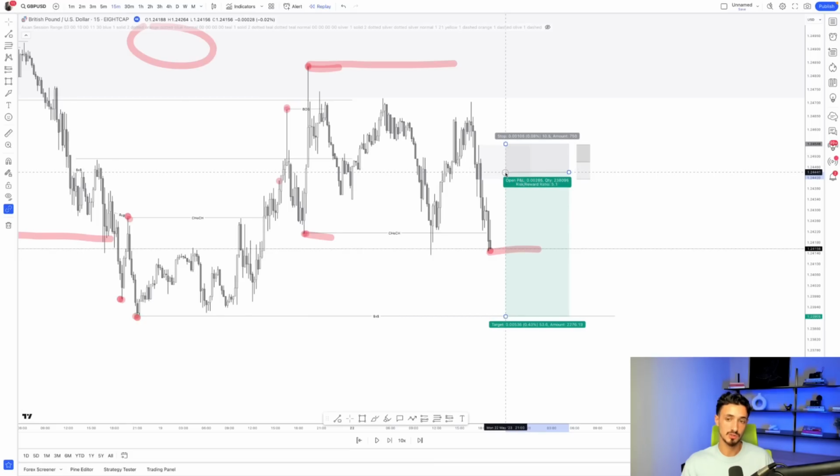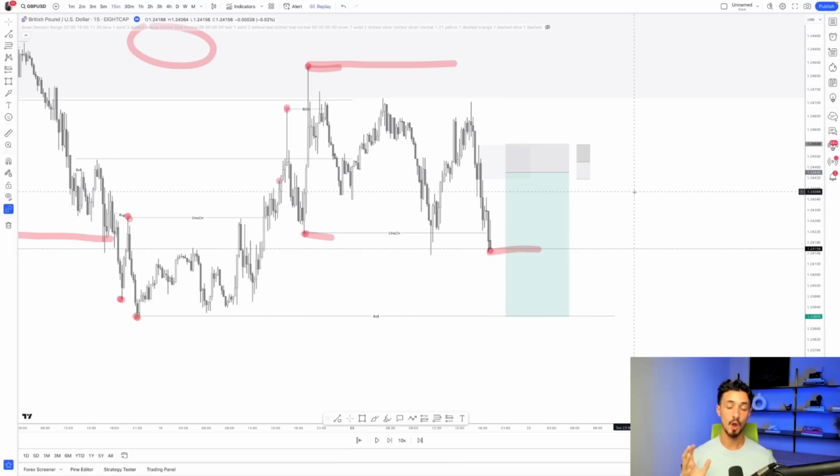Whatever suits you best. We need at least a 1 to 5 for it to make sense for our overall numbers. It has to be a minimum of 1 to 5 risk to reward. So that way, even if we only win 35% of trades, we're still net profitable. It's just a numbers game.